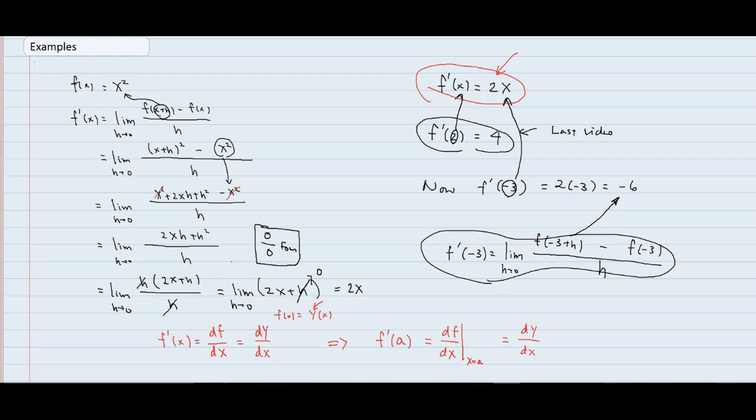If you see this vertical bar and x equals a, this indicates that you're evaluating that derivative function at that particular value of x. So I would like you to get used to all of these different ways of writing that derivative.